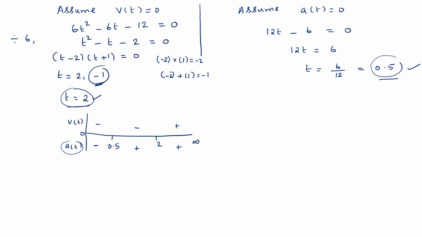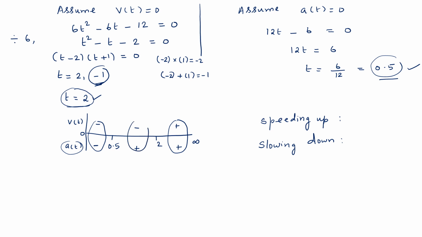After that you have to write when it is speeding up and when it is slowing down. Speeding up means when we have the same symbol in that interval; with different symbols it is slowing down.